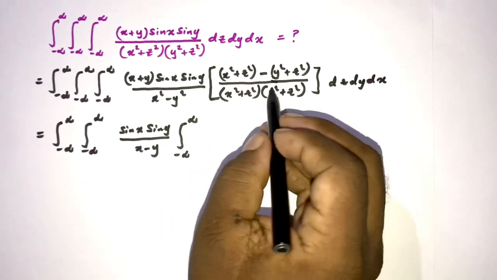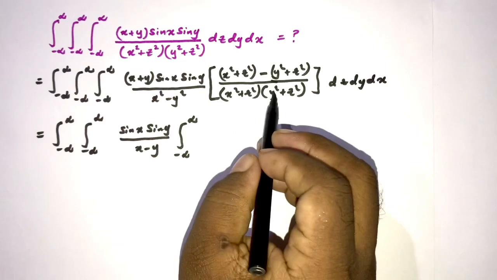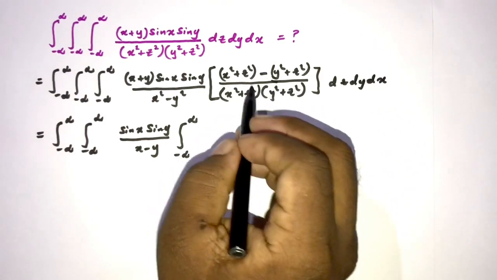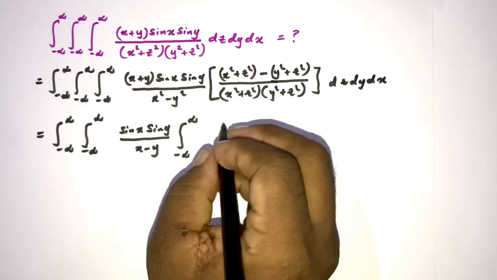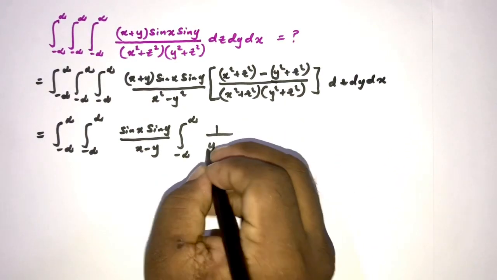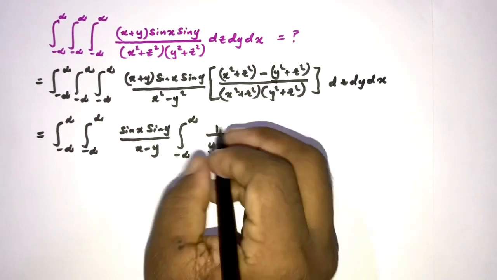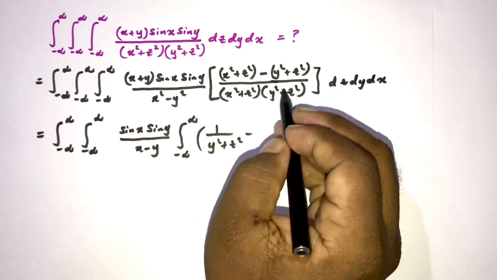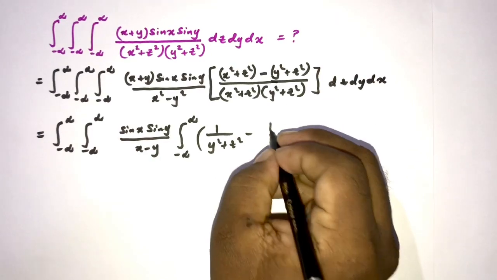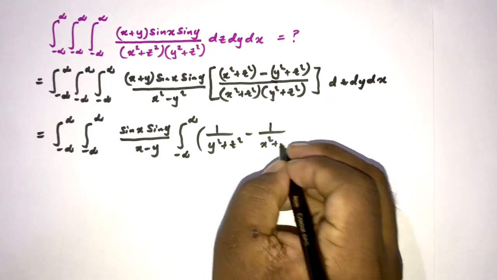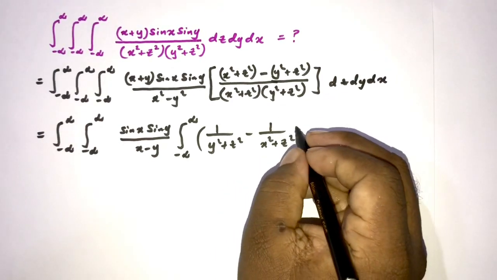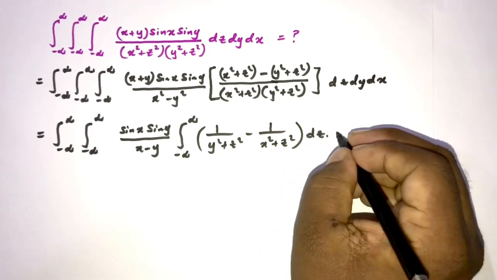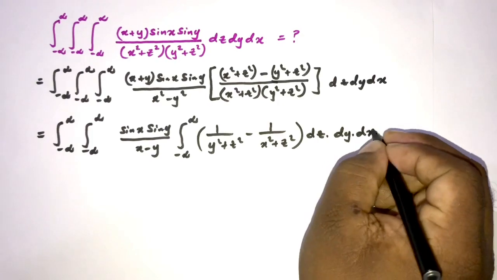Now if we divide it by x square plus z square times y square plus z square, x square plus z square get cancelled and we have 1 over y square plus z square, then minus, this term also get cancelled, and we have 1 over x square plus z square, and dz dy dx.